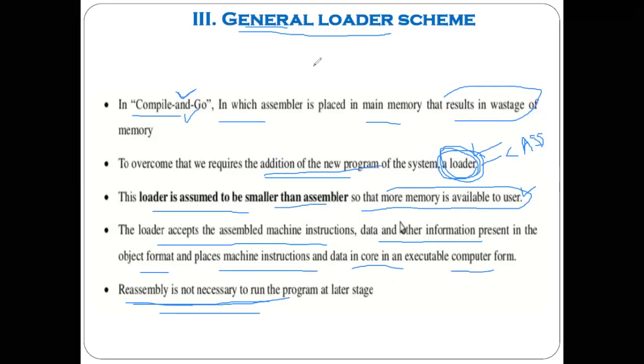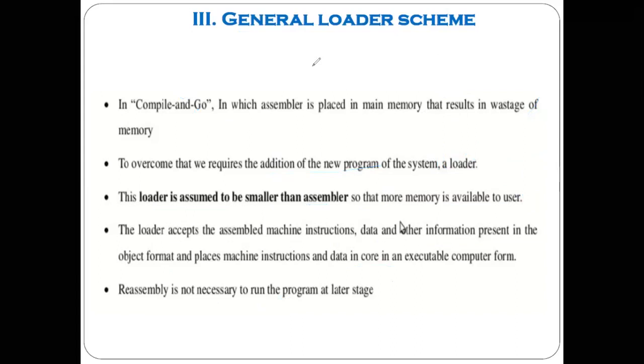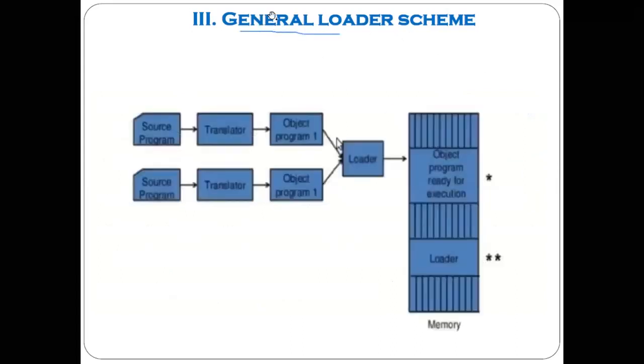Understood? So this loader does all the functionality that we initially discussed: allocation, relocation, and loading. That is the reason this is the most popular loader as compared with our previous two loaders. So here you can see the scenario I have shown.